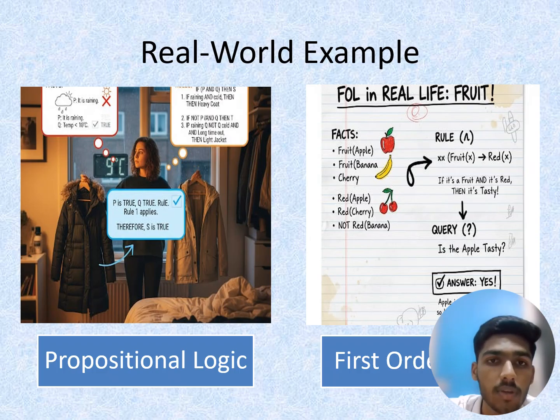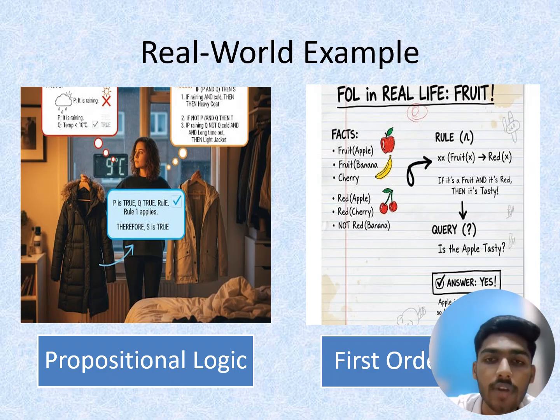If not P and Q then T. 3. If raining, not Q, cold and long time out then light jacket. So what do we have to do? P is true, Q is true. Rule 1 applies. Therefore S is true.